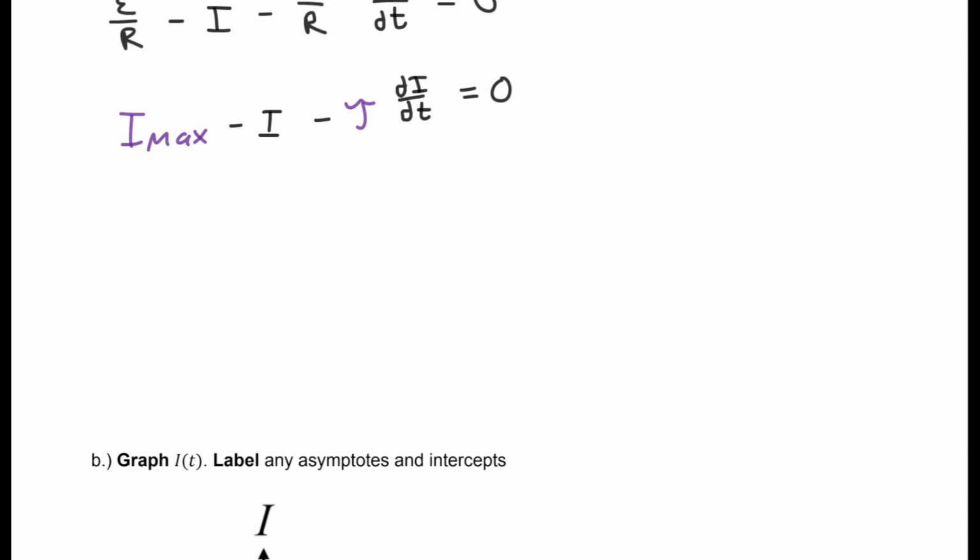So in doing that, let's see, what way would I like to do this here? So we can actually solve for di, so I could get tau times di dt is equal to I max minus I.